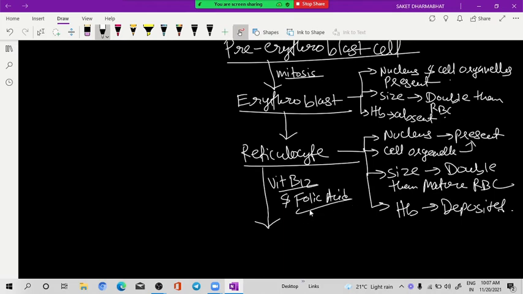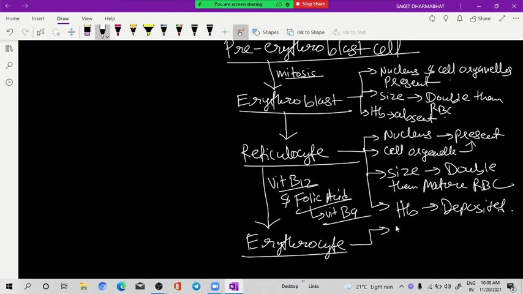Which vitamin is folic acid? Vitamin B9. This reticulocyte will convert into what? Mature erythrocyte. So in mature erythrocyte, tell me, nucleus is present or absent? Yes, nucleus is absent.